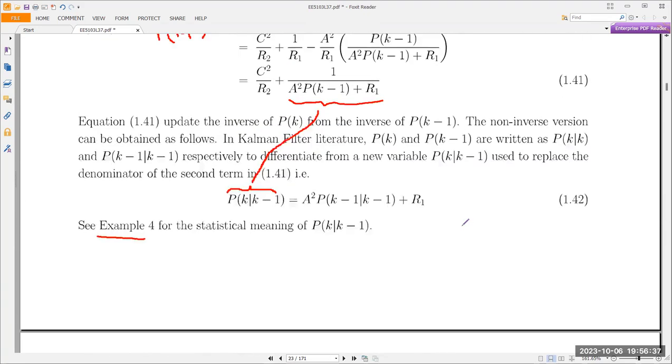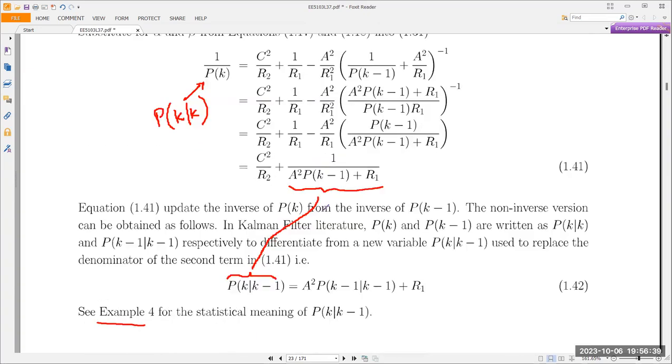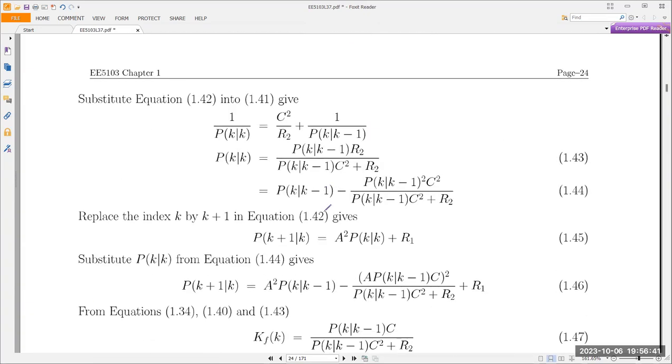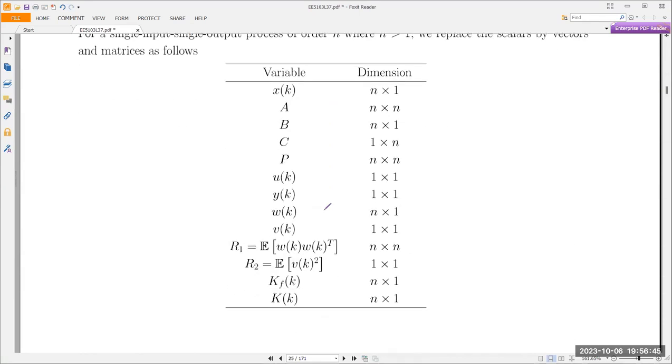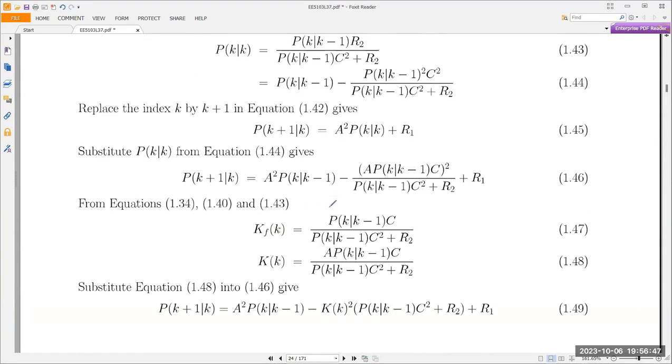Because last time when I first taught, I wrote in matrix, and I found it very hard to go through in the lecture. So that's why I write things down as scalar, so you can divide. With matrices, you cannot divide, you have to do an inverse.